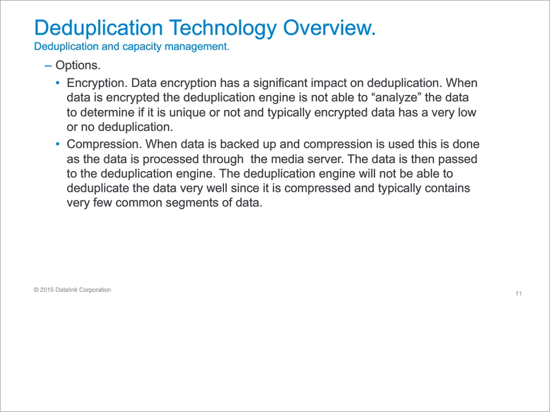Let the deduplication engine handle it, which will be a much more efficient job. A good comparison is to take a zip file and try to zip it again. You'll find that there's very little gain, and in some instances it actually makes the file a little bigger. So let's move on to data types.